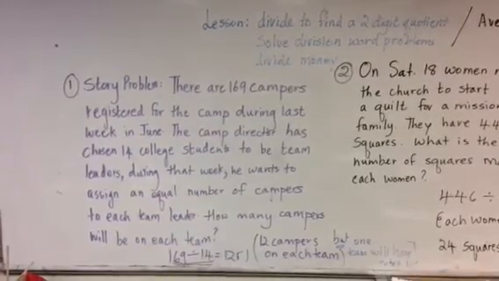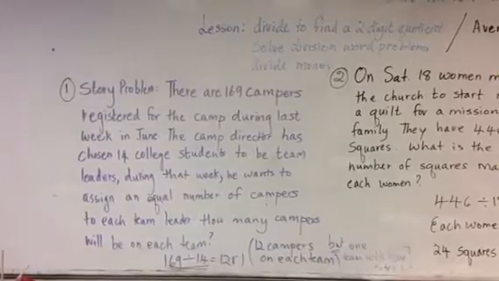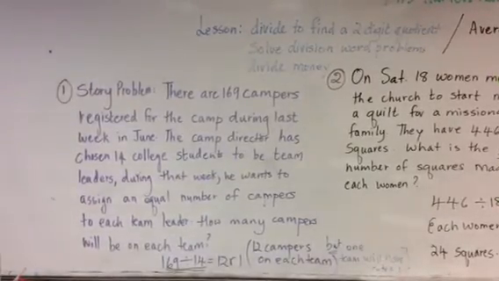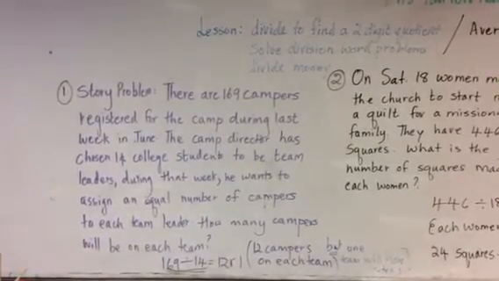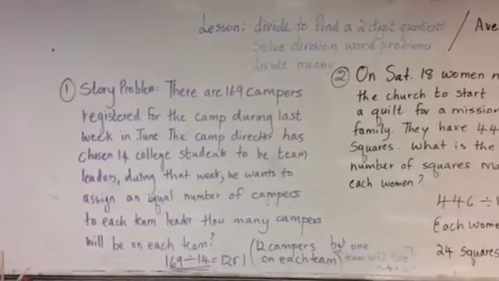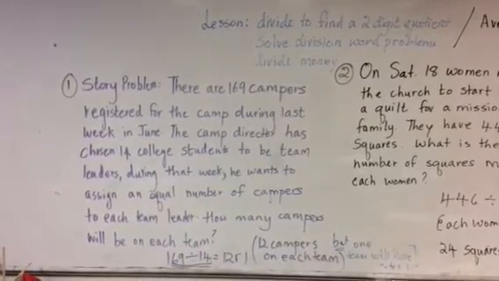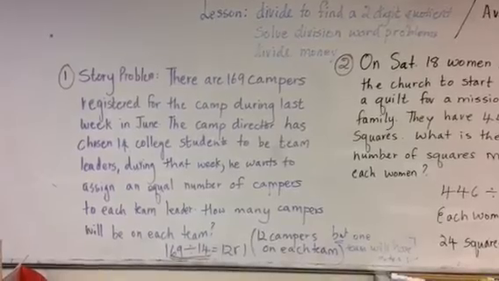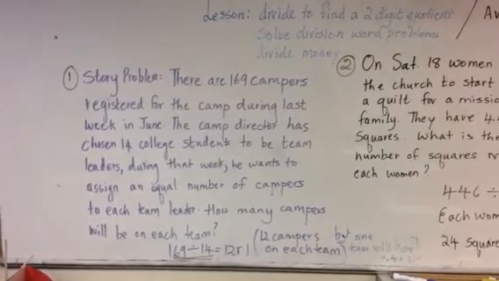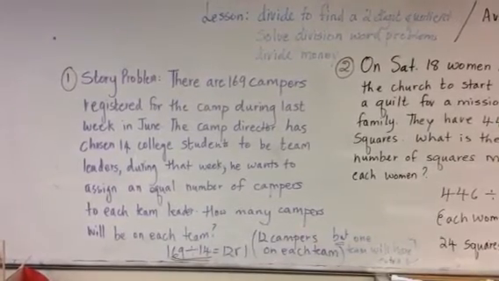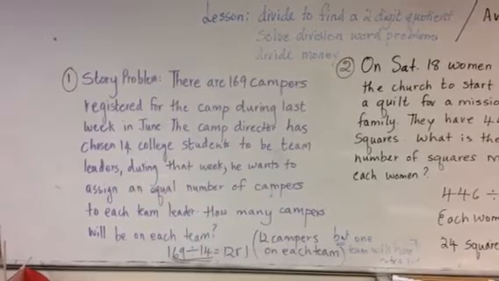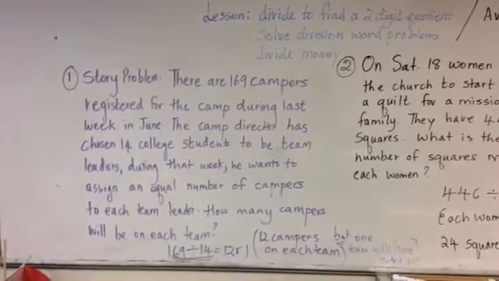So boys and girls, if you look, there are 169 campers. So underline that. Then 14 college students. And you need to divide them equally among the 14 college students who are going to be the team leaders.